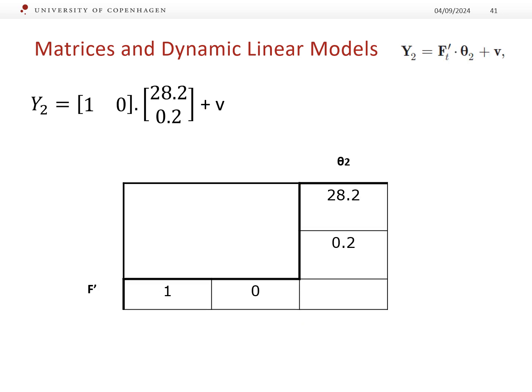And now that we have theta 2, we can actually use the observation equation. We have our cheat sheet up there on the right telling us to multiply the transpose of matrix F with theta 2. And by doing matrix multiplication, we get 1 times 28.2 plus 0 times 0.2, and that is 28.2.